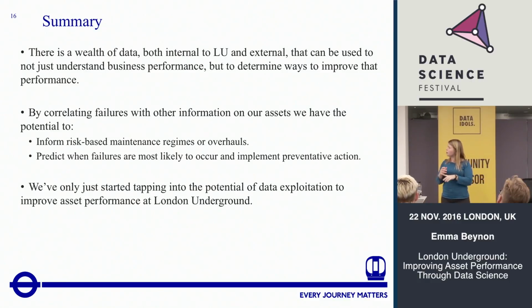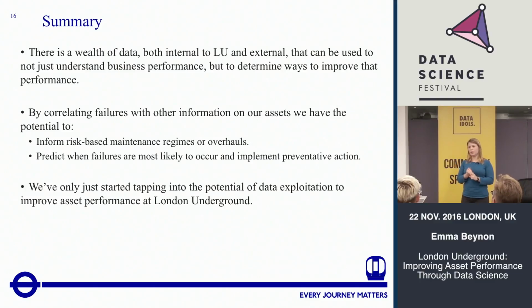By correlating the faults we've got from our engineers with other information we've got, it should be able to inform risk-based maintenance and overhauls, massive projects that cost lots of money, and also predict when failures are most likely to occur and implement preventative action, so when to do our maintenance. We've only just started tapping the potential of London Underground data to improve asset performance, so hopefully we've got a lot more to go, and that's it.